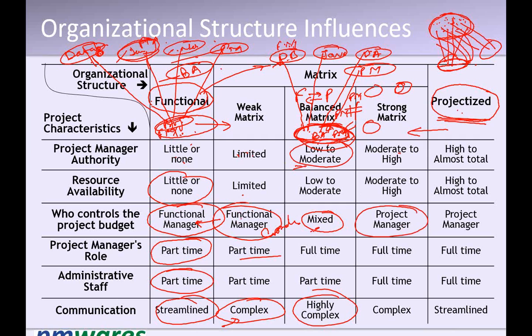So here is this mix, but in these organizations it may not be mixed. It will be controlled by the project manager only. So no organization will currently fit into one column. They may overlap into other columns also. Some organizations you may find like this, some like this, something like that. This can happen.